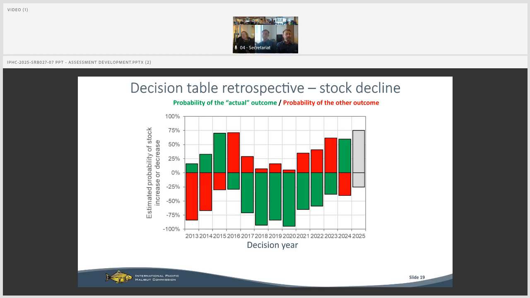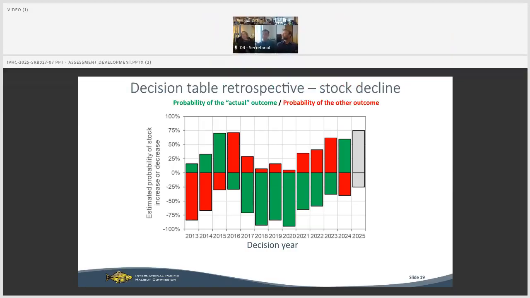So it'd be interesting to try to find a way to summarize what you learn from this. You could communicate in the decision process: the stock is going down, we did a retrospective analysis, and it tends to show that the probabilities I'm showing you are probably underestimates.